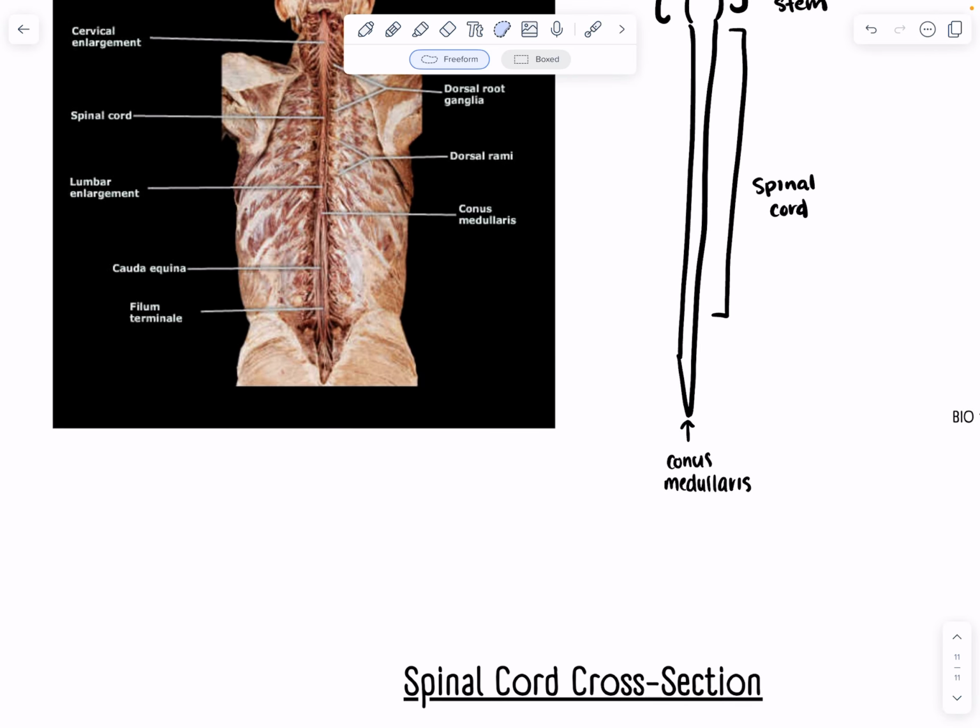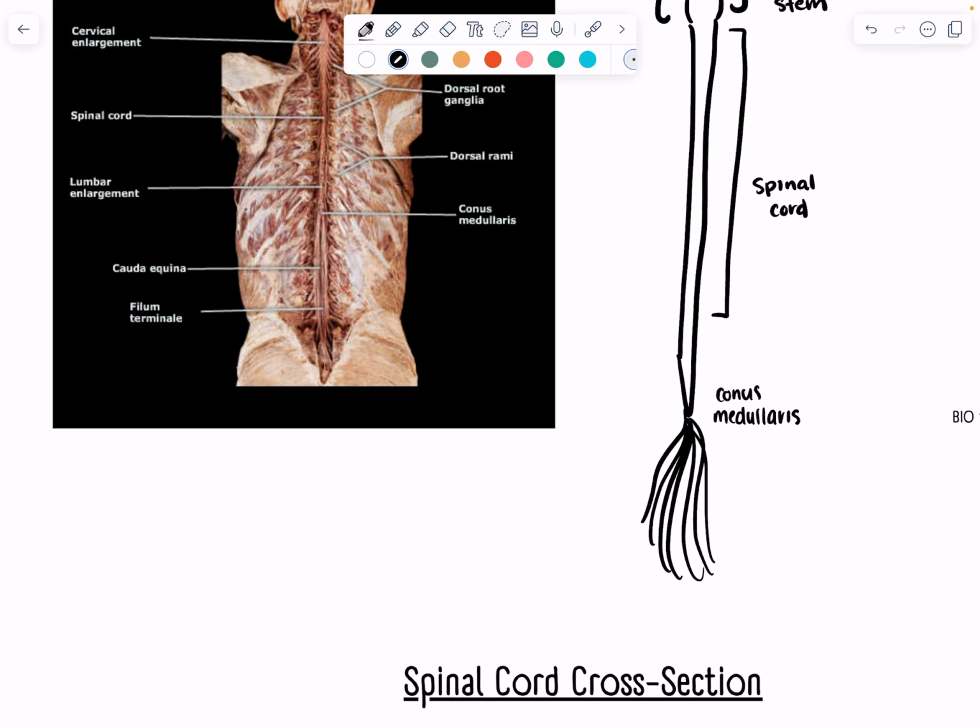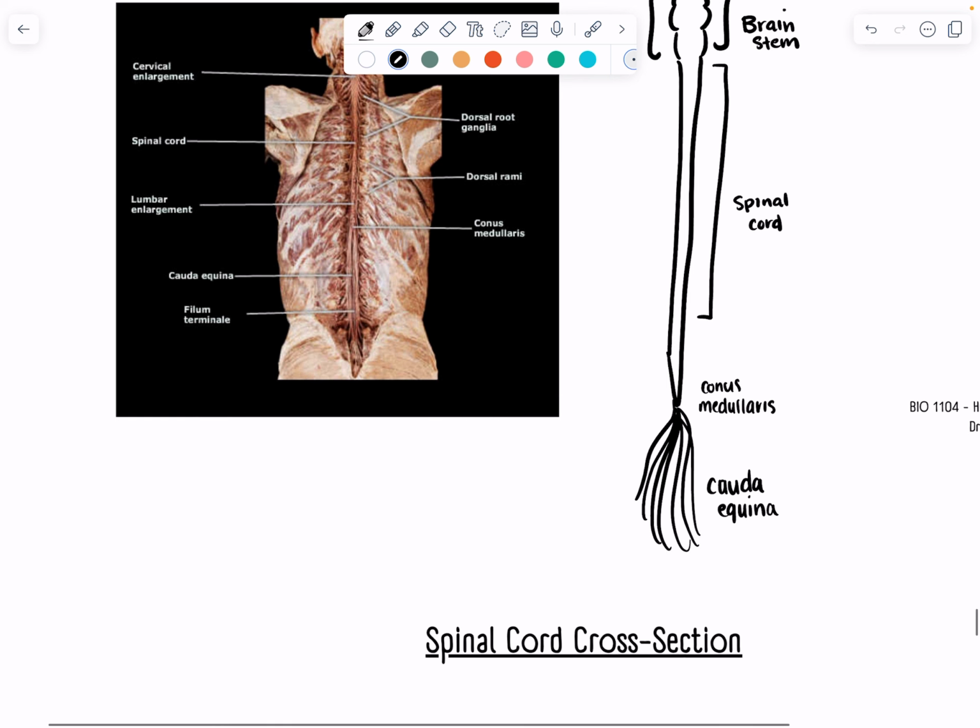So let me move conus medullaris over a little bit so that I can draw cauda equina here. There we have our cauda equina. Cauda means tail, and equina means horse, and it kind of looks like a horse tail. So that's the collection of those nerves coming out of that conus medullaris, and those are going to go to our lower extremity.